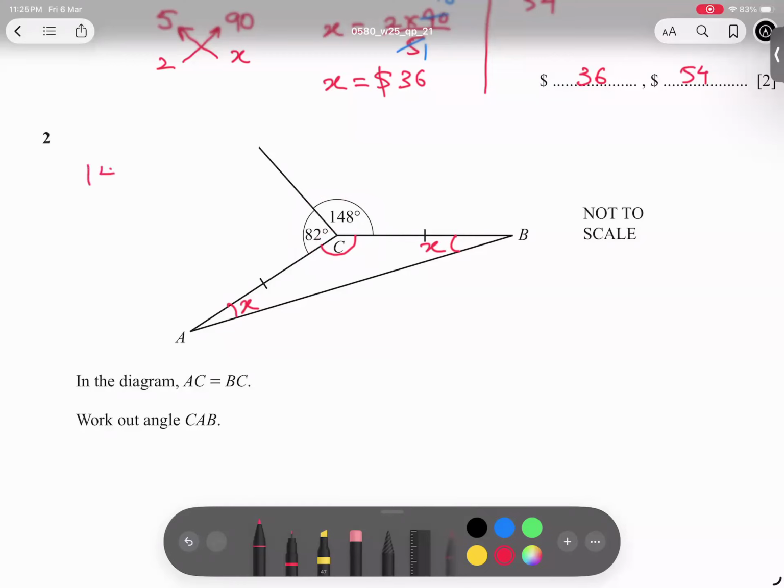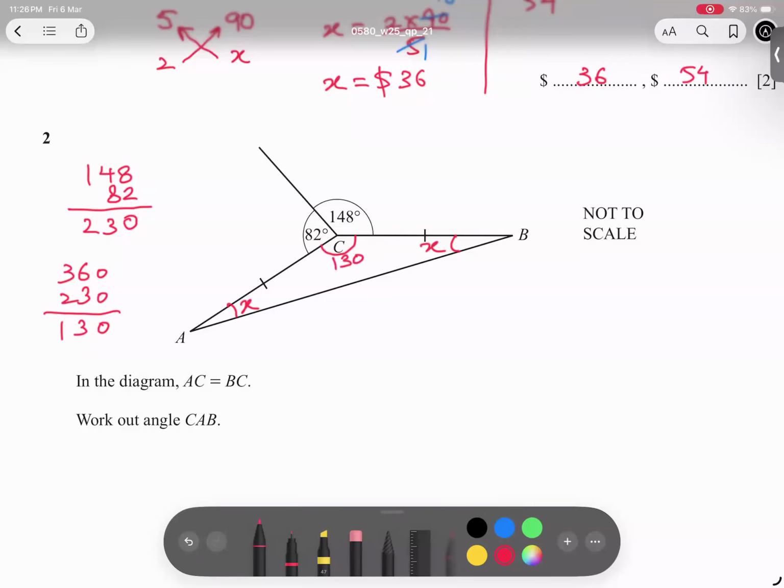How to get it? First of all, 180 plus 82, add them. 8 plus 2, 10, 1 carry, 12 plus 1, 13. So 230. But this is 230 here. And how to get the lower one? From 360, subtract 230, and we get 130. So this is 130.